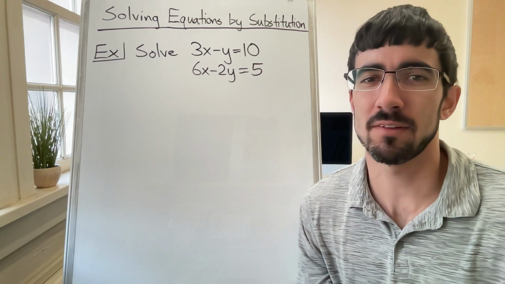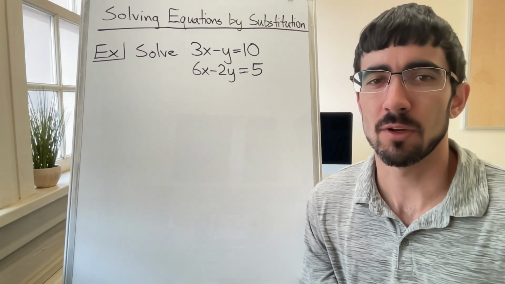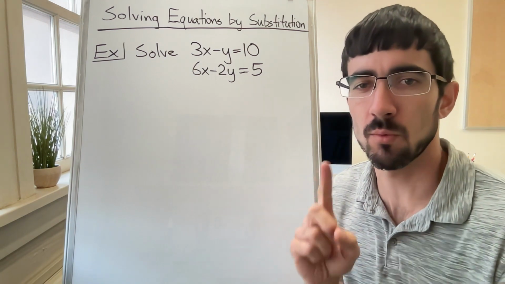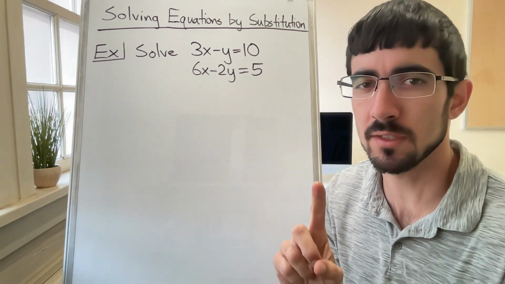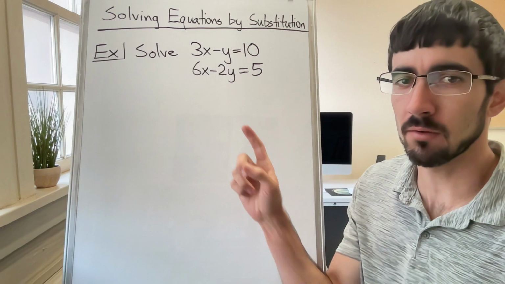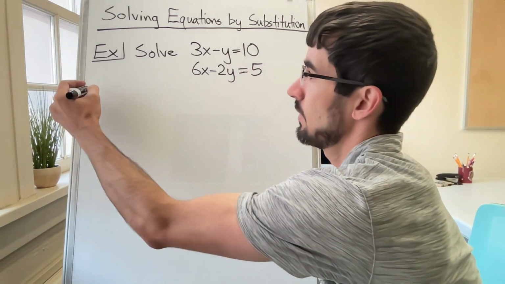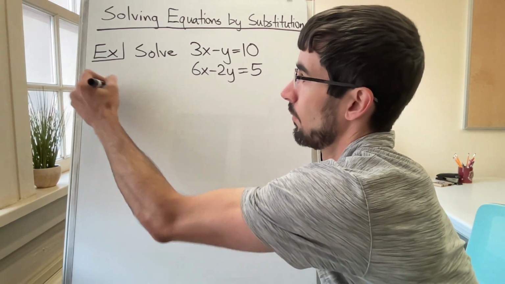Let's look at one more example. I'm going to solve the system of equations by substitution, so I need to choose one variable in one equation to isolate. It looks like it will be the easiest to isolate this y in the first equation. So that's step 1, isolate one variable.